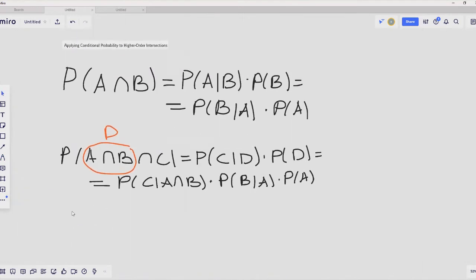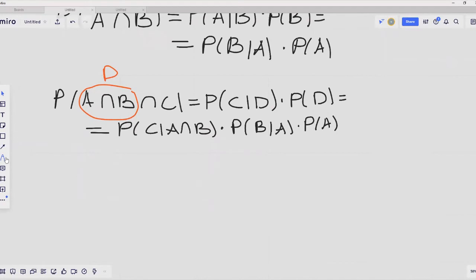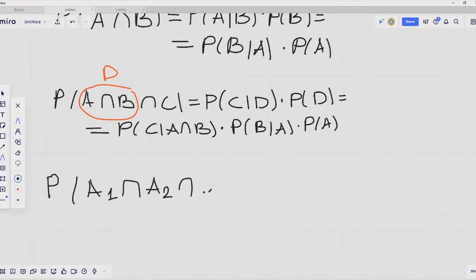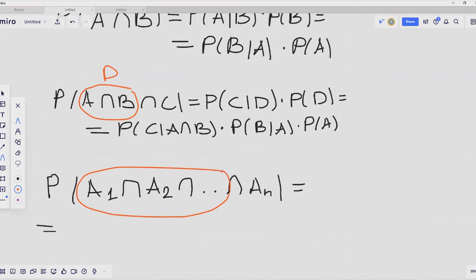In the case when we have an intersection of more than three events, let's say an intersection of n events, Ai's from A1 through An, then we might apply the same principle as we did here, and call the first n-1 events a single event and proceed as follows.